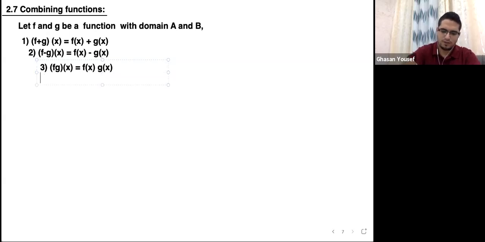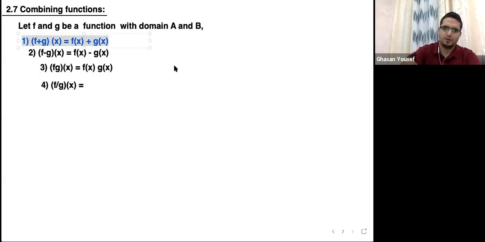And the last function is number 4, the quotient, f over g of x, equal to f of x over g of x.